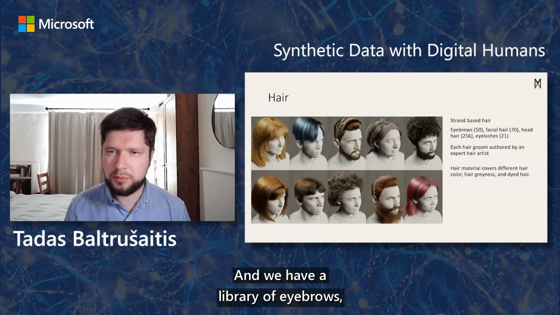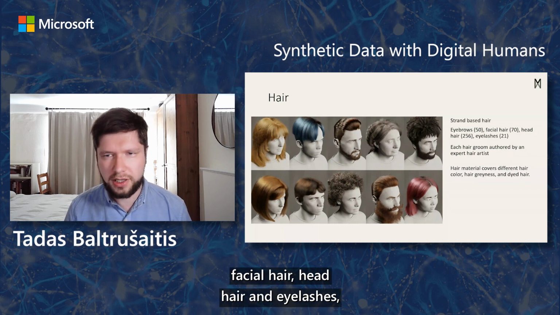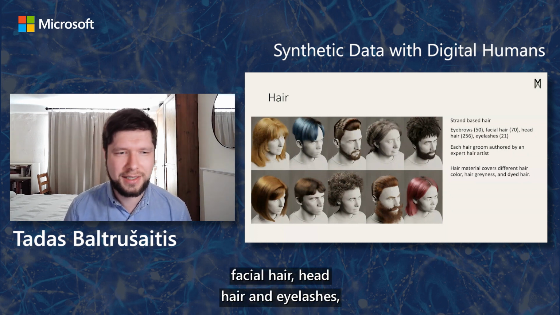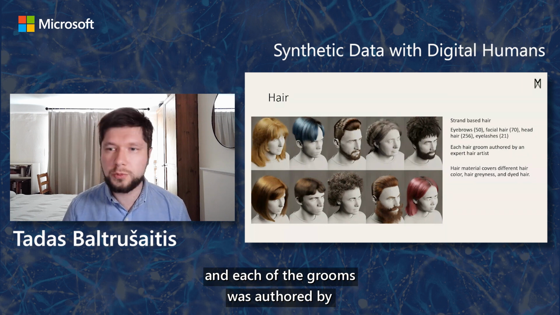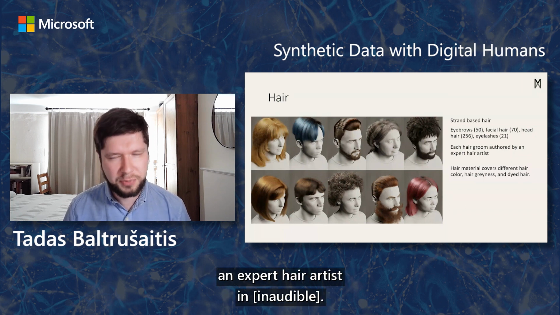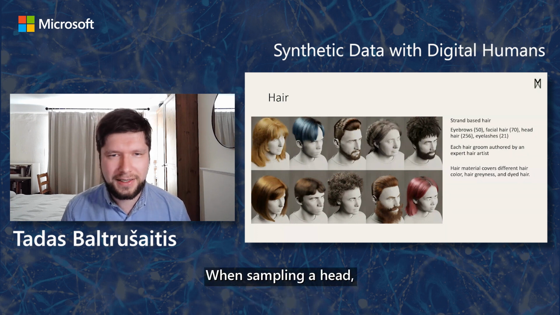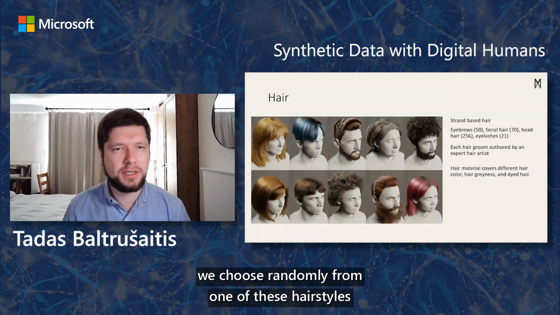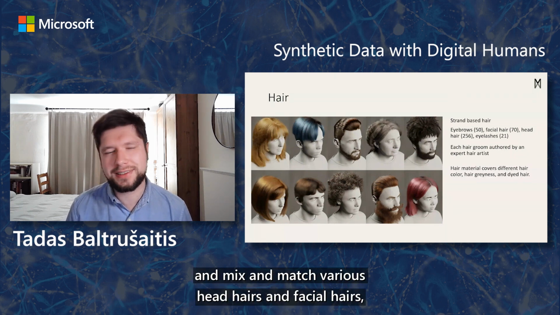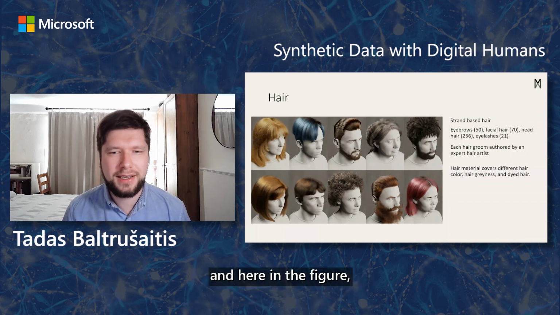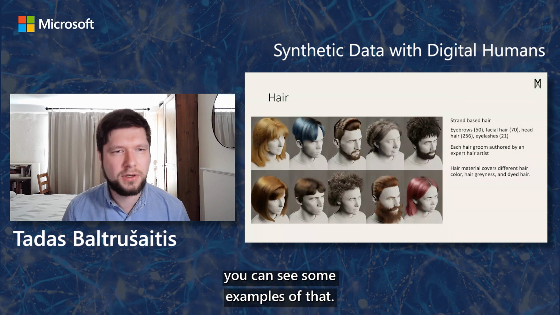And we have a big library of eyebrows, facial hair, head hair, and eyelashes. Each of the grooms was authored by an expert hair artist in Maya's XGen. When sampling a head, we choose randomly from one of these hairstyles and mix and match various head hairs and facial hairs and eyebrows and eyelashes. And in the figure, you can see some examples of that.